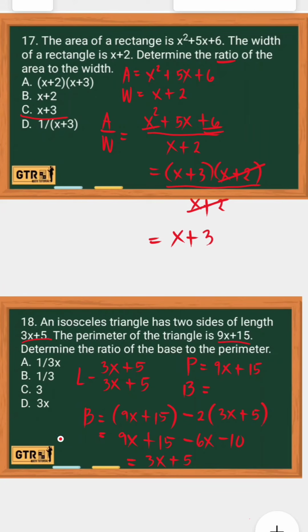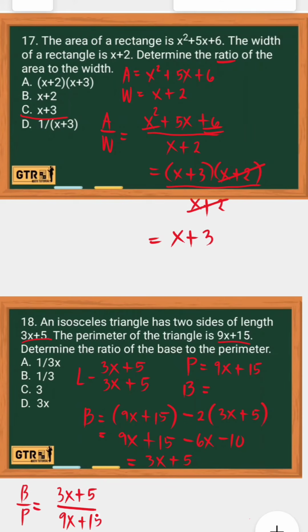So now get the ratio. Determine the ratio of base to the perimeter. So B over P, base over the perimeter. So the expression for the base is 3x plus 5, over the perimeter, which is 9x plus 15.